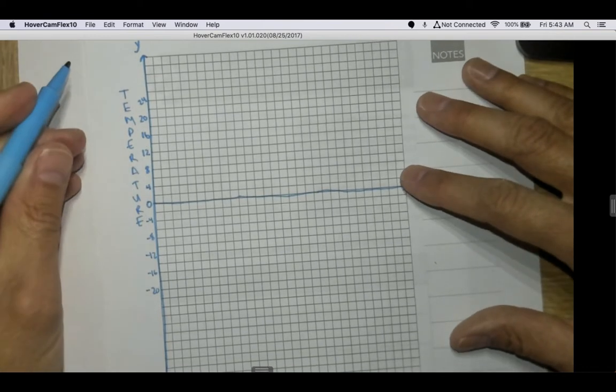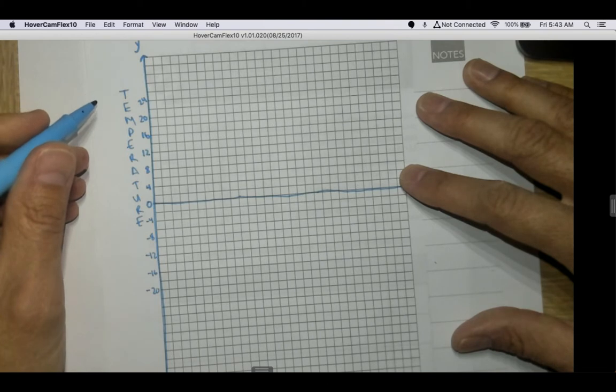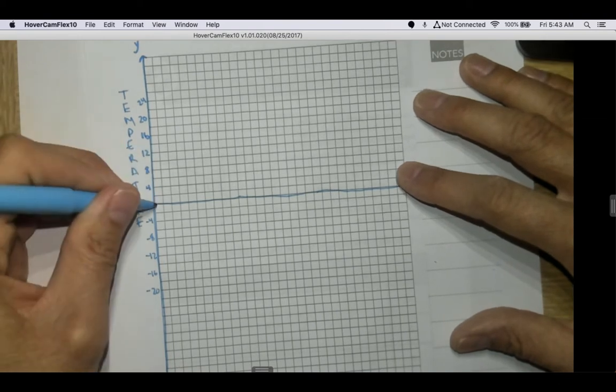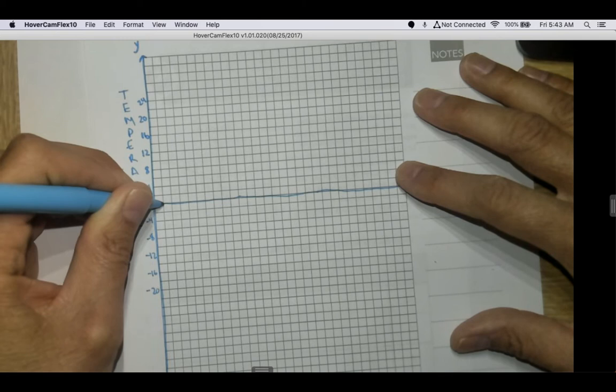Then I'm going to have it so it's like 10, let's see here.